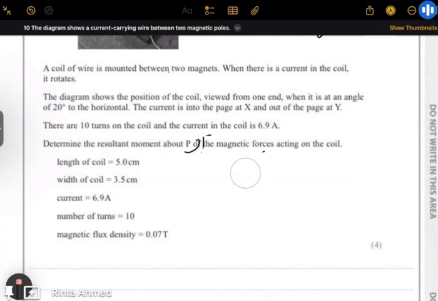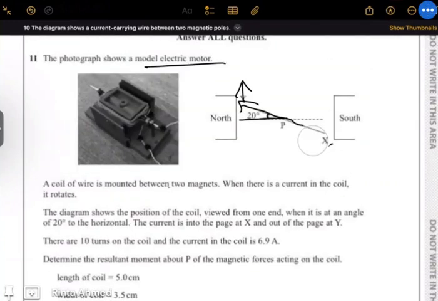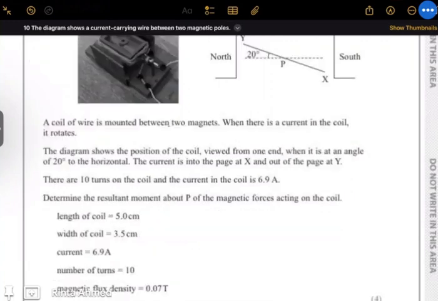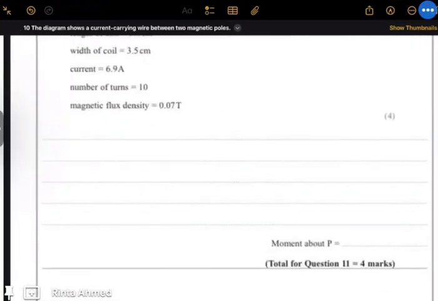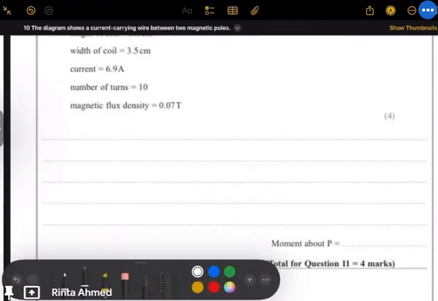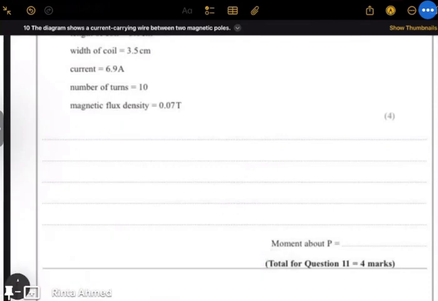We all know the formula of moment, which is moment is equal to force into distance. So we have to find out the force right now. We all know the formula of force. Force is equal to BIL sin theta.